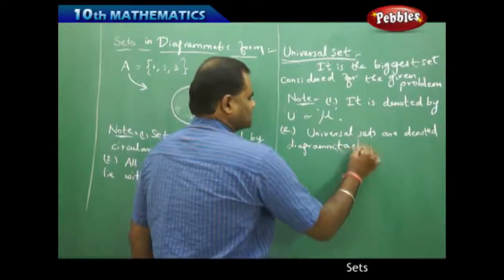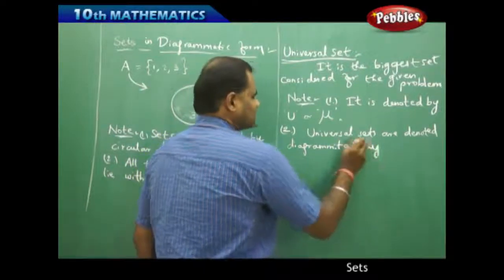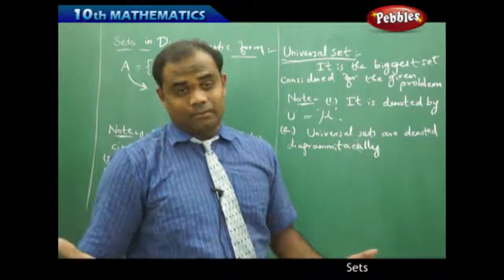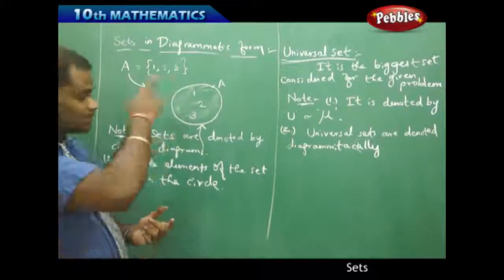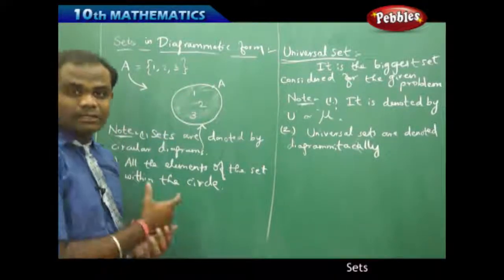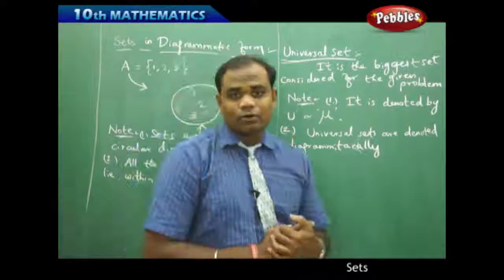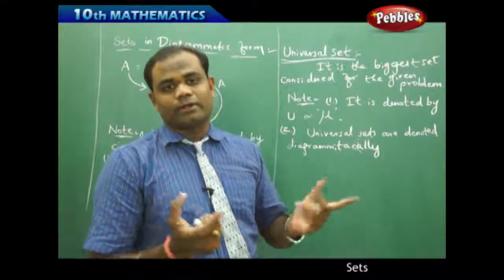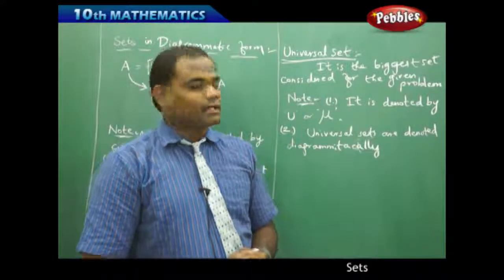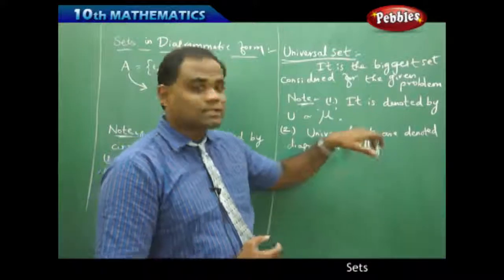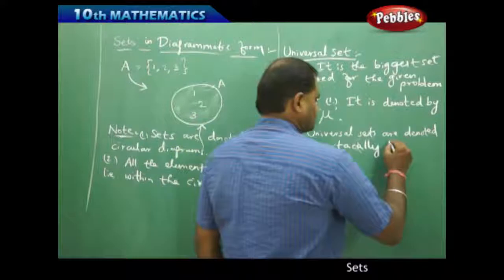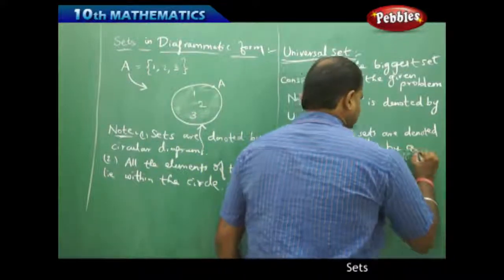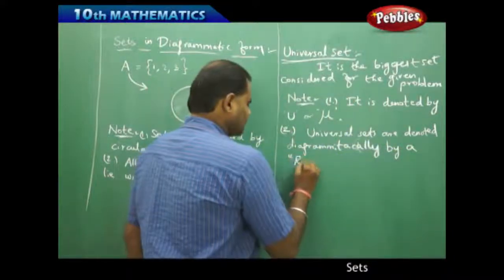Now next comes, how do we denote the universal set diagrammatically? Here, sets are denoted with a circle, and similarly, the universal set is also denoted with a geometrical closed figure. In the diagrammatic form, the universal set is denoted by a rectangle.